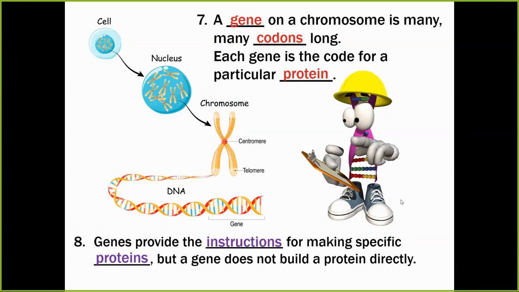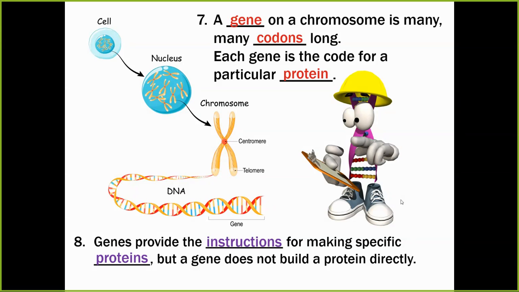So a gene that is going to make a specific protein is going to be many codons long, because each codon, each grouping of 3, pulls up 1 amino acid. And I literally need hundreds and hundreds of amino acids to make 1 protein. So please keep that in mind.